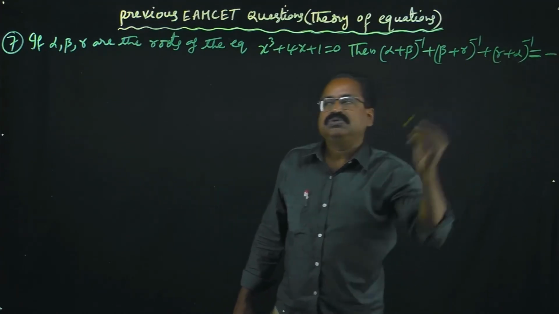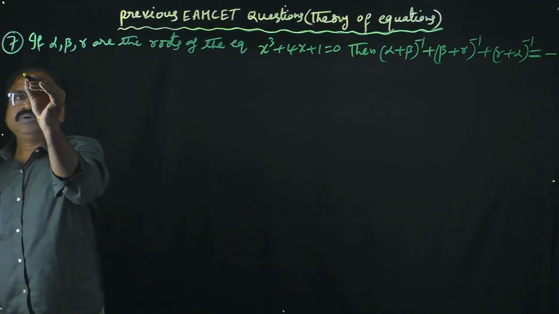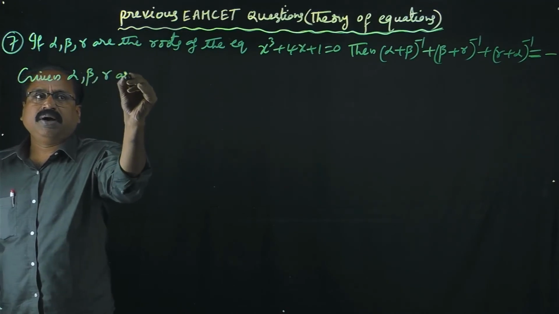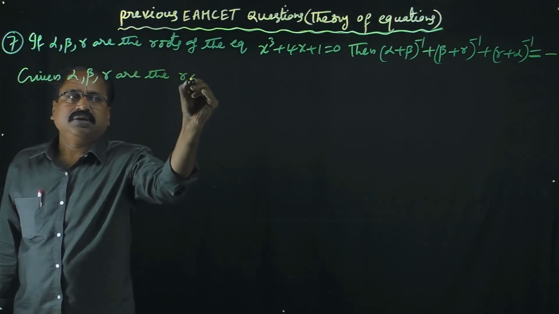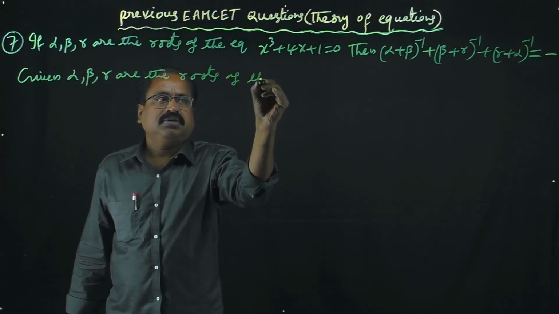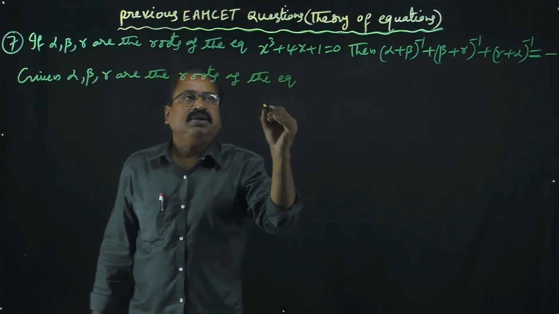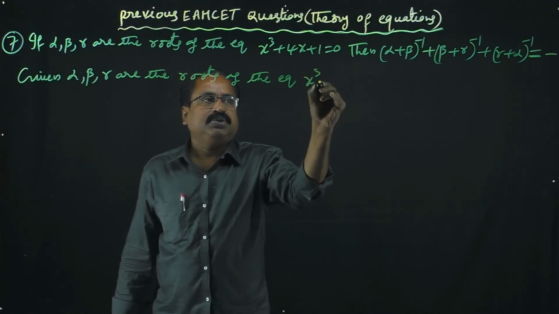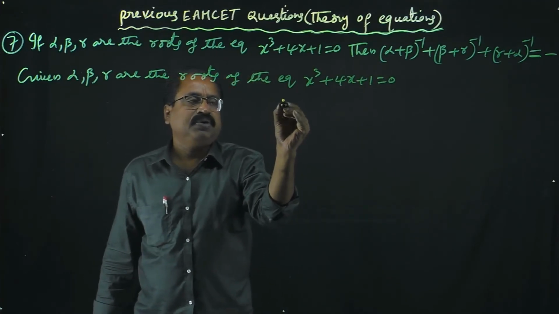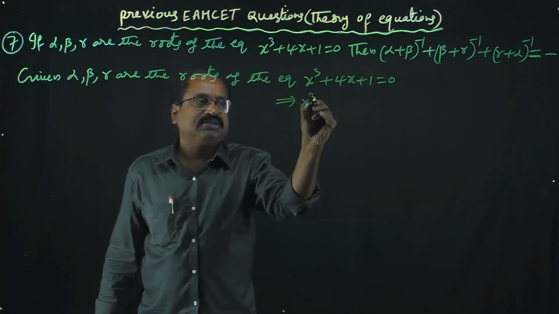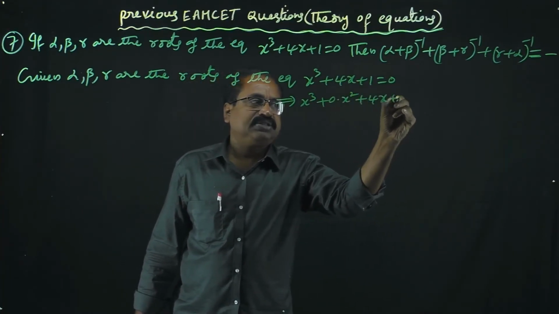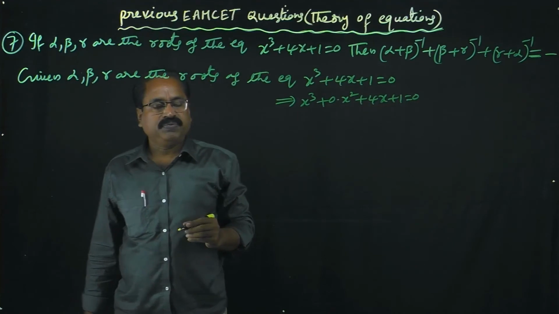So x cube plus 0 into x square plus 4x plus 1 is equal to 0.